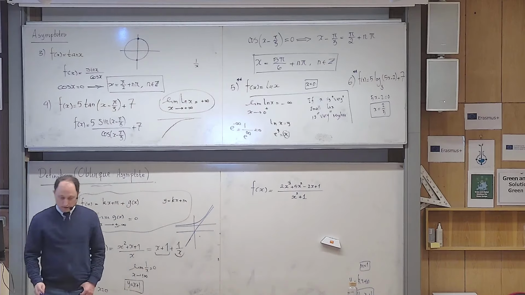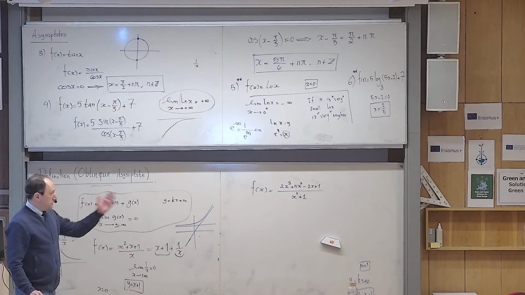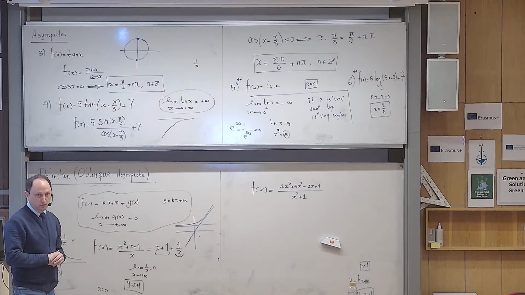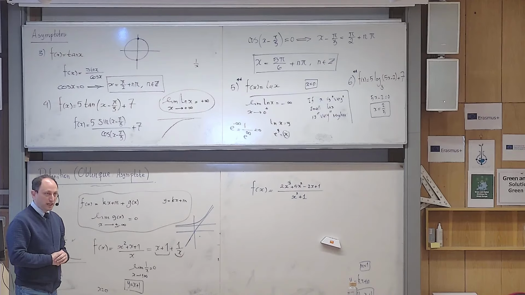If I give you this function, I haven't seen this question at this level, but if I give you this and I ask you to find the oblique asymptote, first of all, do you think there might be an oblique asymptote for this?